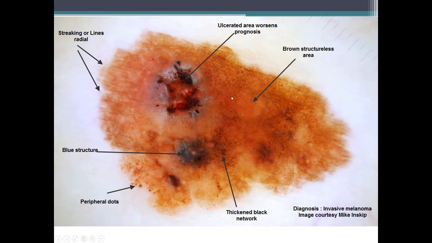Here it's just at some place. Peripheral dots, but just at this side of periphery. It's not here. The radial lines, radial streaking, just here. It's not here, it's not here, so irregular.